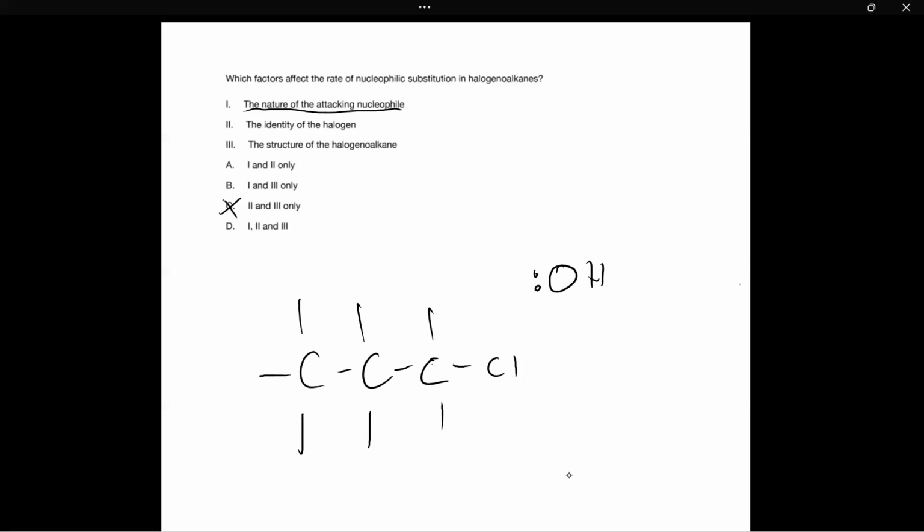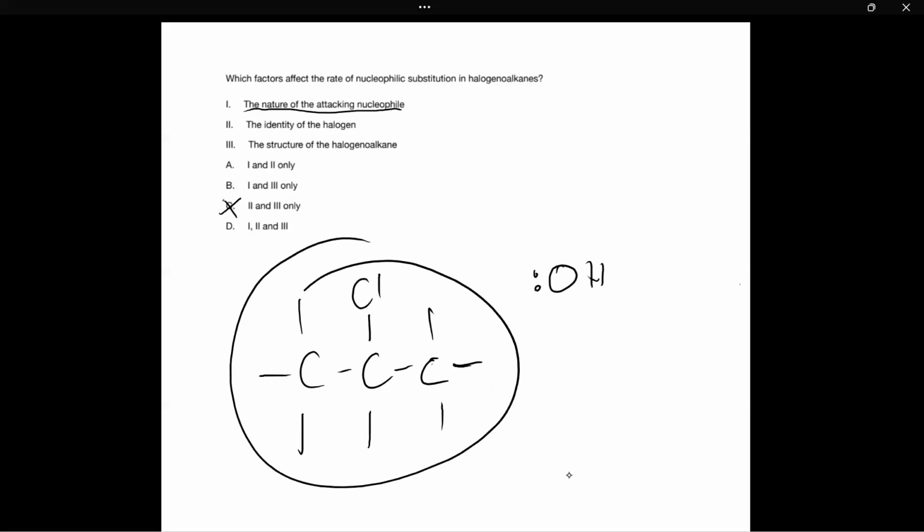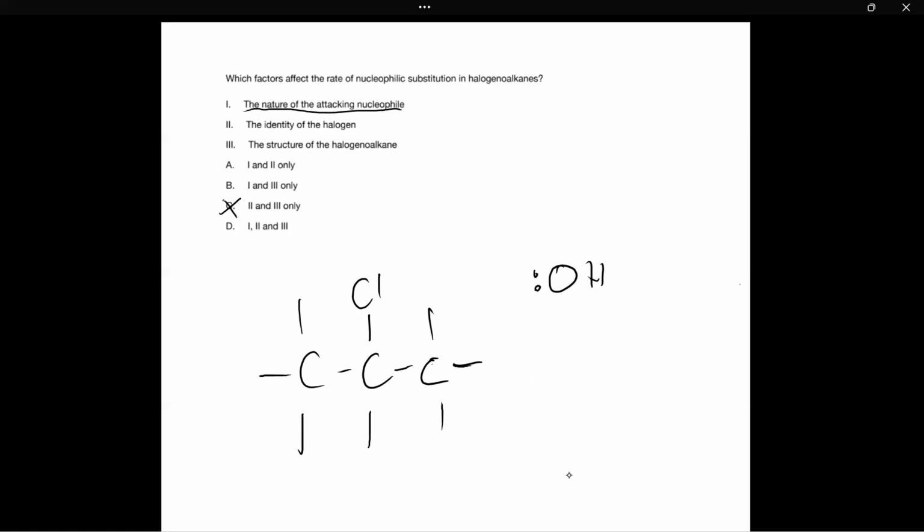Now, particularly in SN1 reactions, the leaving group, wait, I'm just going to draw a molecule which undergoes SN1. So this molecule over here will undergo an SN1 reaction because this is a secondary halogenoalkane. In an SN1 reaction, unlike an SN2 reaction where the chlorine leaving and the nucleophile coming happen together, that does not happen quickly.